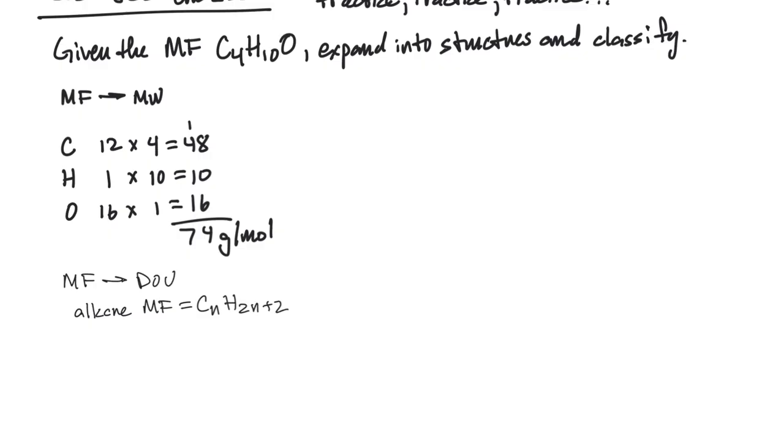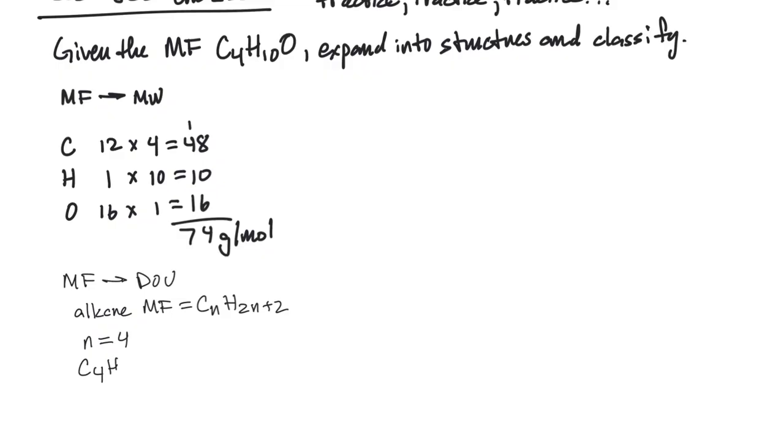The reason we do that is each carbon atom is saturated, meaning that it has 4 sigma bonds. So for any n number of carbons, there's 2n plus 2 hydrogens attached to it. In our case, n is equal to 4. So for 4 carbons, what is the maximum number of hydrogen atoms that could be present?